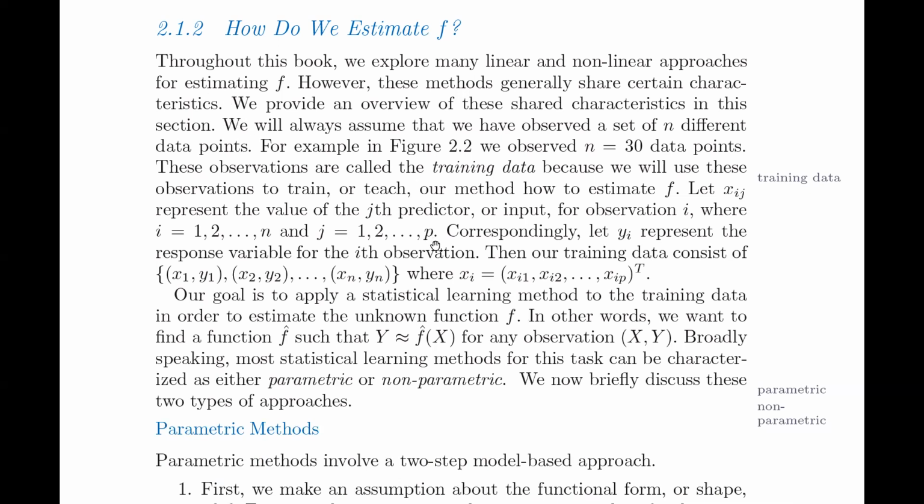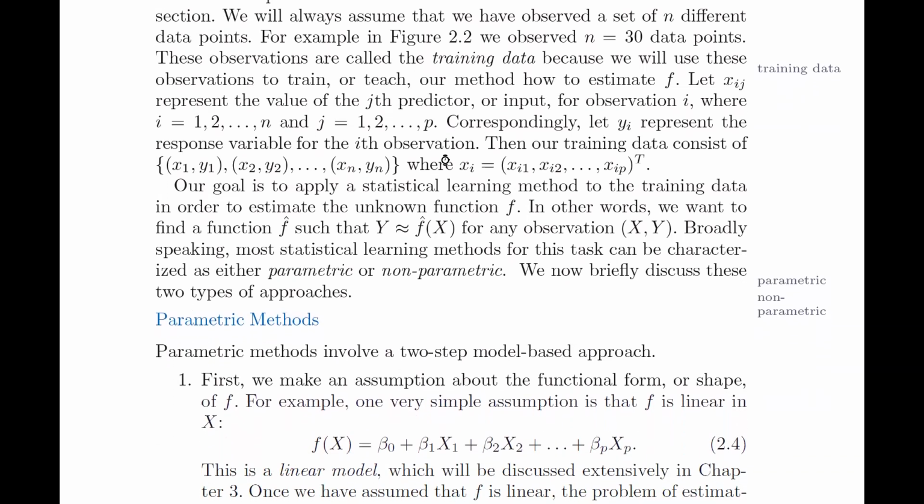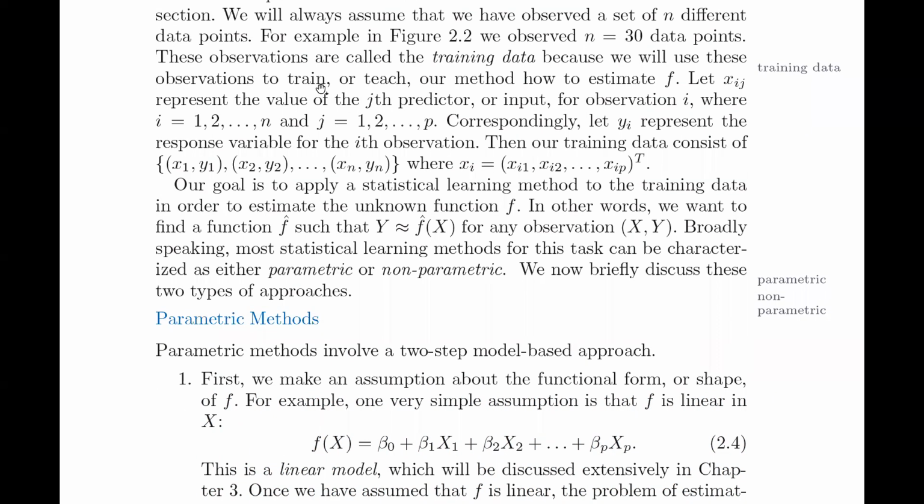We will always assume that we have observed a set of n different data points. And again, what is your data point? We mentioned patients yesterday undergoing a specific medical trial. The first example in this book was wage data.